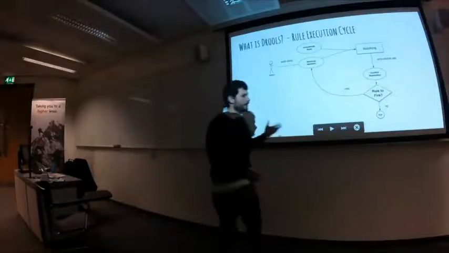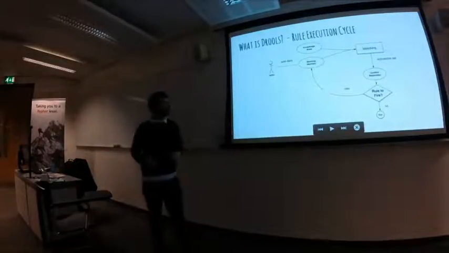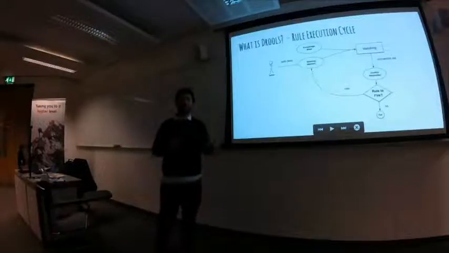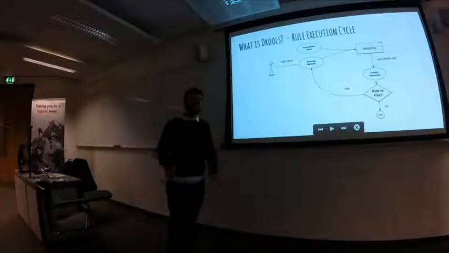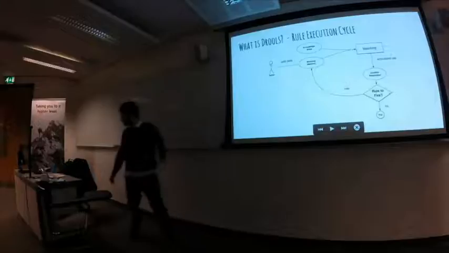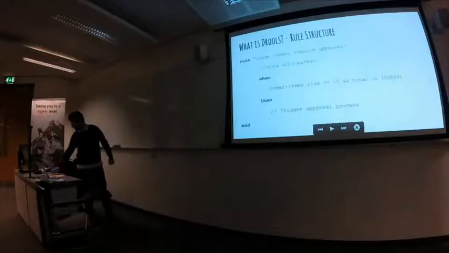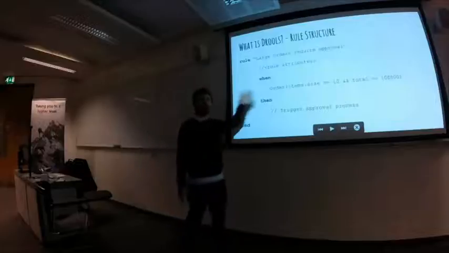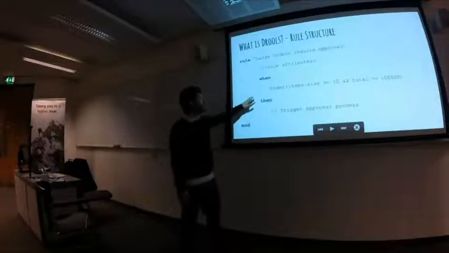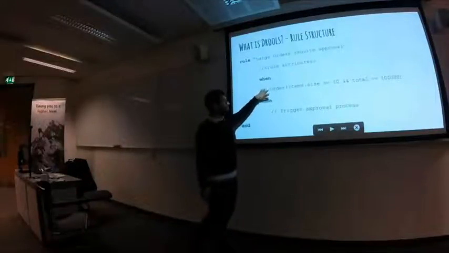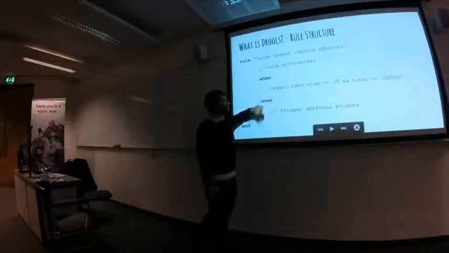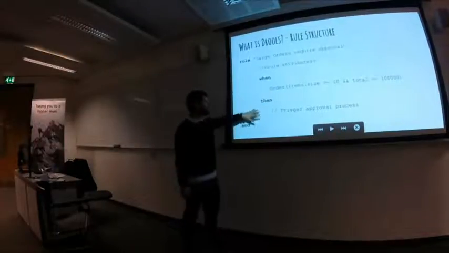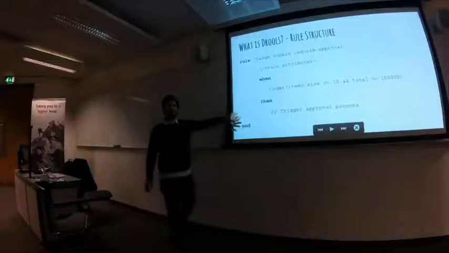When you put data inside the rule engine, a lot of rules get activated. Let's imagine that we only have this rule, and you start adding new orders into the rule engine. Some of those orders will cause this conditional expression to be true, which means that this might need to be triggered or executed.